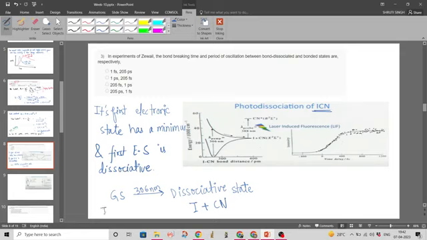Here the bound state was ICN bonded, and I should not say covalent, it's ionic, then it is I plus CN, different atoms, I and CN separated, the dissociated state. So when it goes from here to here, this state is I plus CN. So this is the X squared sigma plus state.